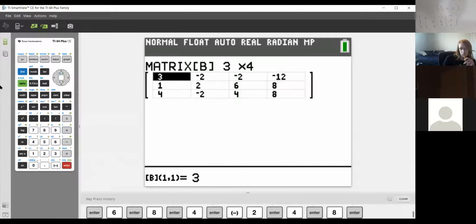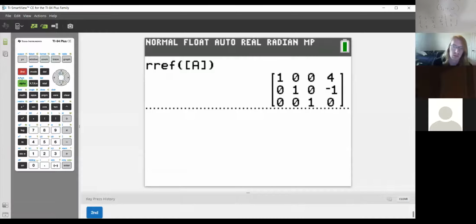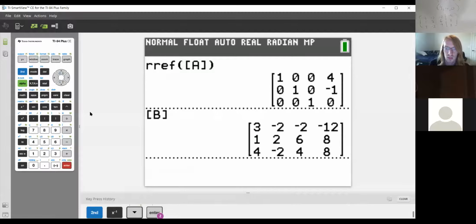But depending on your calculator, you may or may not be able to see all of your matrix at the same time. There's this little trick I do sometimes. If you hit second matrix and bring it up, you can look at your whole matrix in one screen. You can do a lot of stuff with matrices on this thing. It's pretty good.